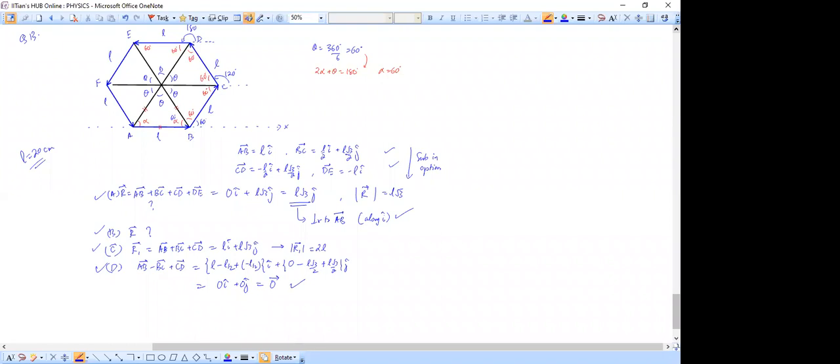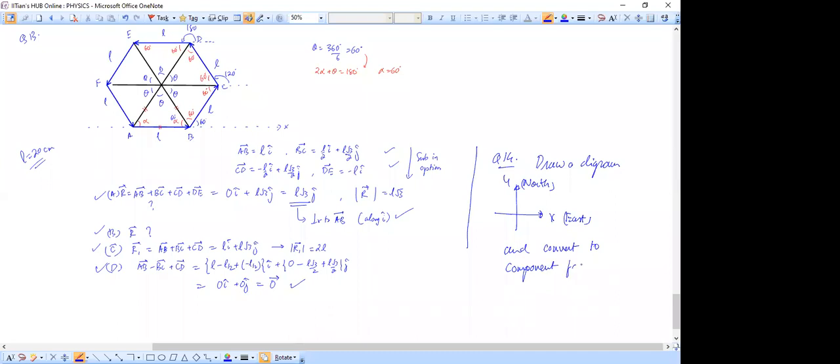Okay, so question 14 also you do in a similar way. Those of you who have not got question 14 yet, draw a diagram, and in that diagram take your x-axis to be towards east and your y-axis to be towards north. Okay, and draw all the vectors and then convert to component form, that is I cap J cap notation.